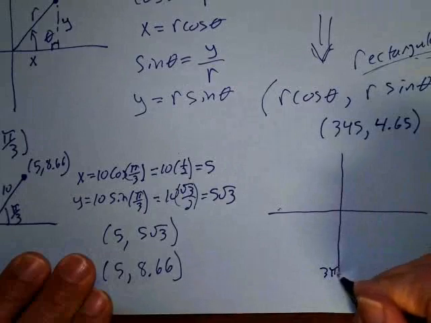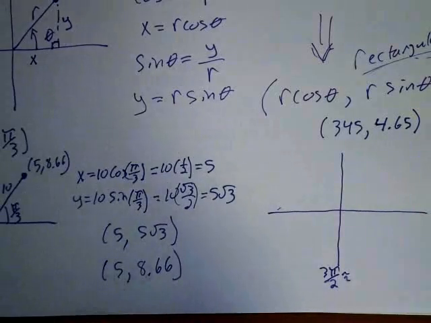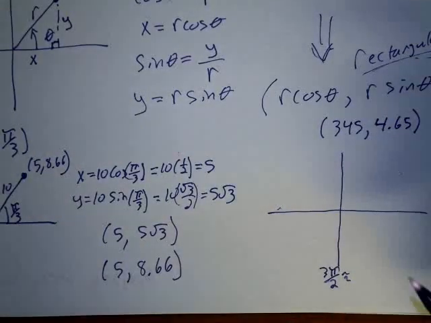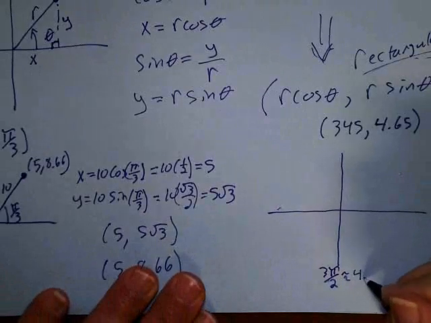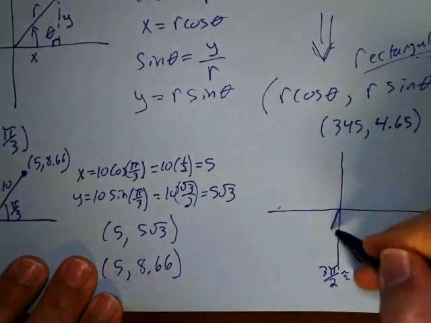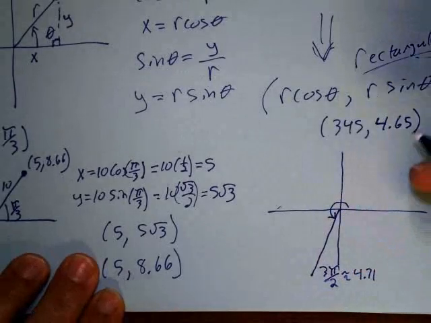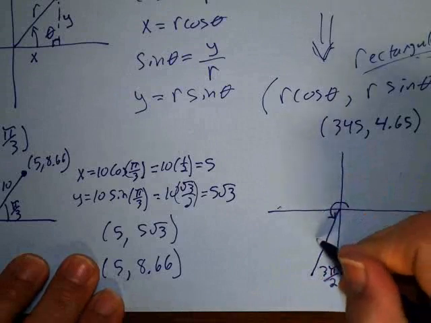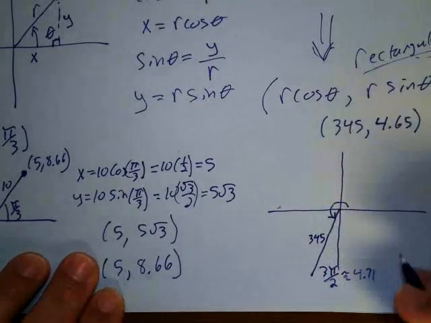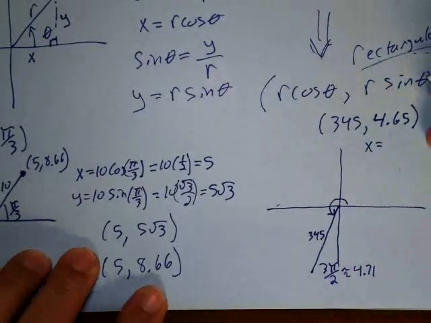Just so you remember, 3 pi over 2 is approximately 4.71, so this is really close to that. That's the angle, and then the r is 345.